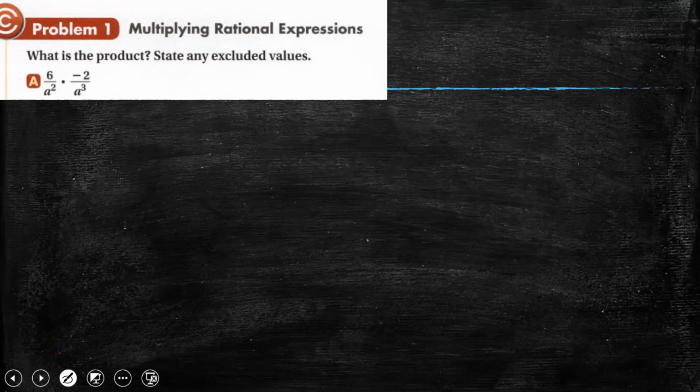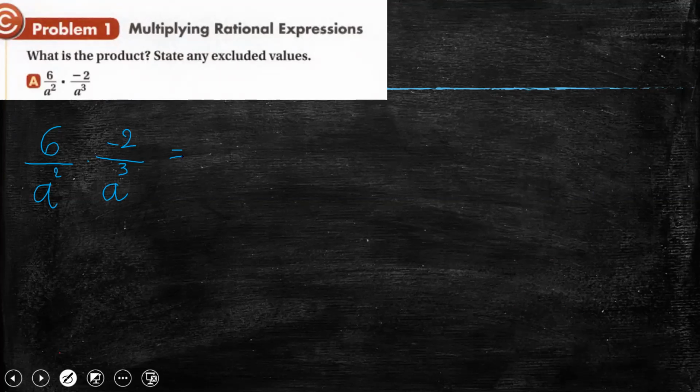Look at the first one here. We have 6 over a squared times negative 2 over a cubed. Look at the numerator and the denominator. In the first fraction, can we simplify it? No. Look at the second one. Can we simplify it?